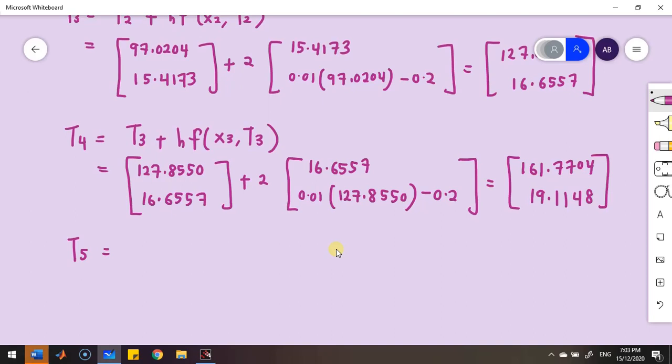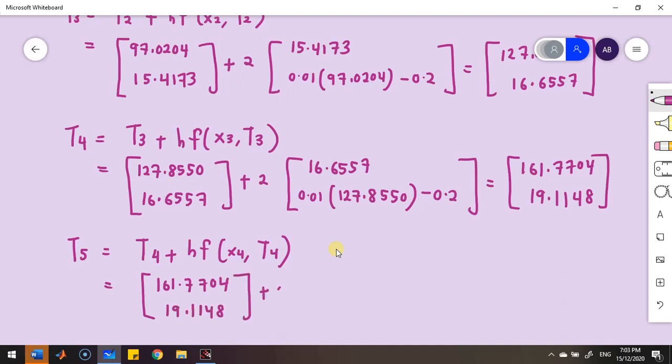So we have T5 is T4 plus hf of x4 T4. So I have 161.7704, 19.1148 plus 2, 19.1148, 0.01, 161.7704 minus 0.2.